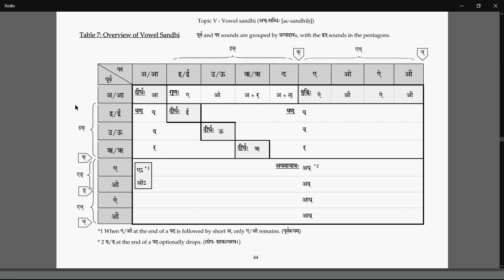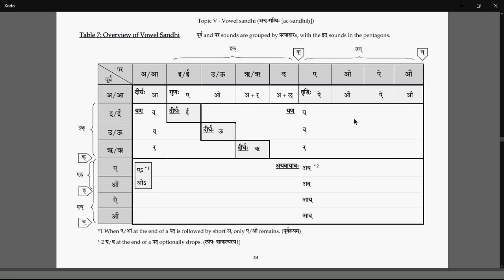So these are the possible combinations. Now you see the ach. Ach is a, I, U, R, A, O, I and O. This is how they are mentioned vertically and horizontally, the way they occur in the sutra.